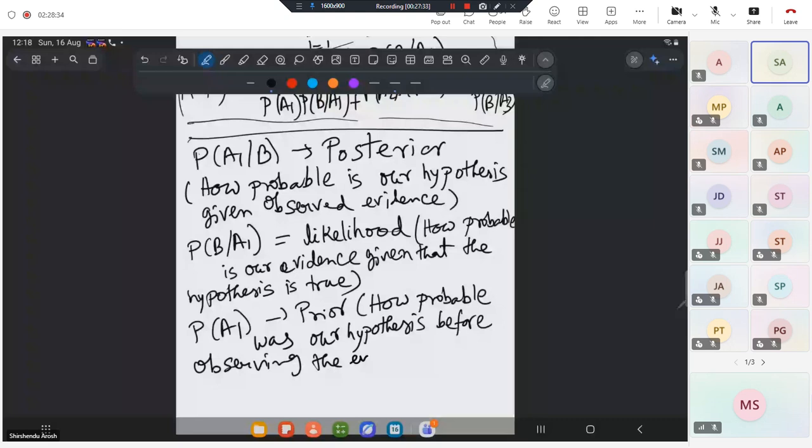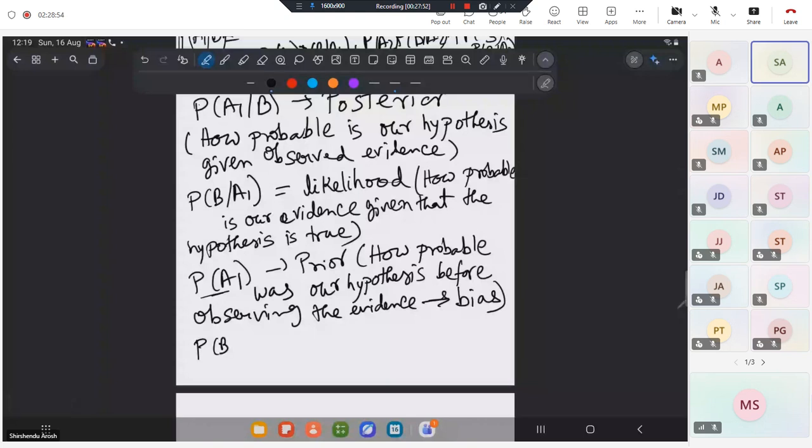Technically, we call this a bias. This P of A1 is our predefined knowledge or bias towards something, some knowledge or assumption that is given by this P of A1.